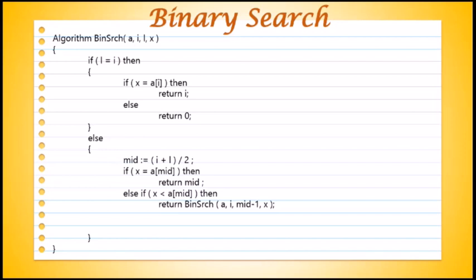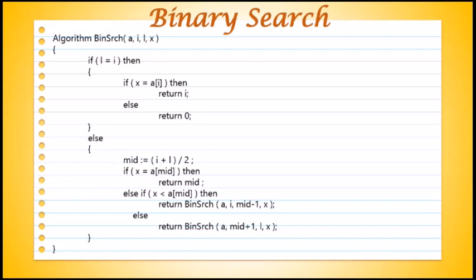So suppose X is not equal to A of mid and X is not less than A of mid, so in the else part we will change the value of the starting position. If X is greater than the middle value, that means our searching element may be present after the middle value.